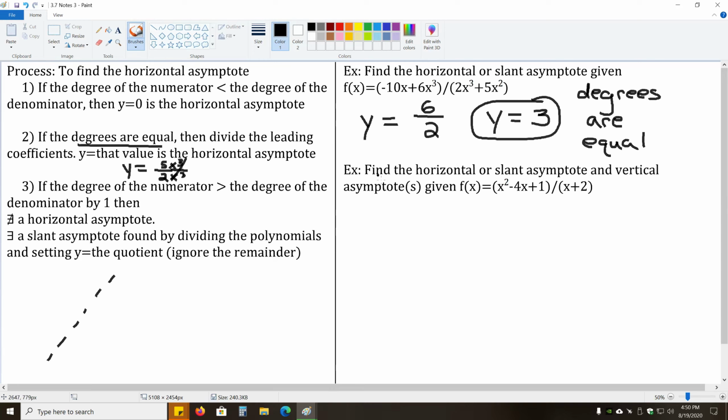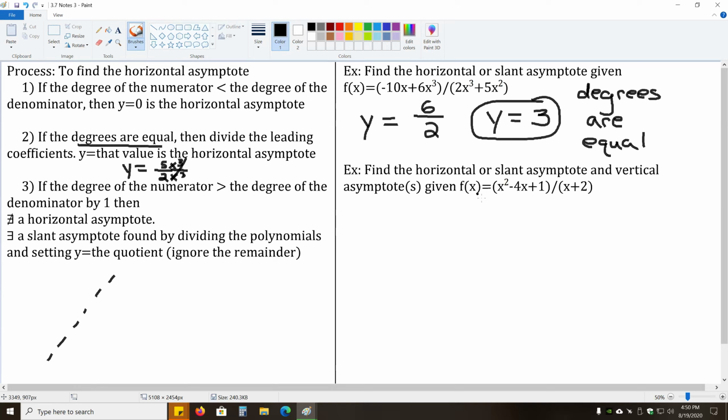From there, our next example is to find the horizontal or slant asymptote and vertical asymptotes given f of x equals x squared minus 4x plus 1 all over x plus 2. Okay, so to start off with, we can't factor this. X squared minus 4x plus 1 does not factor.